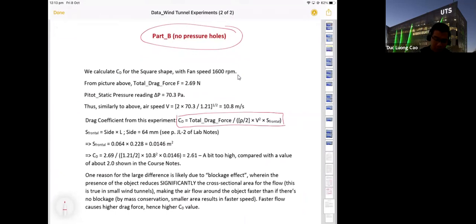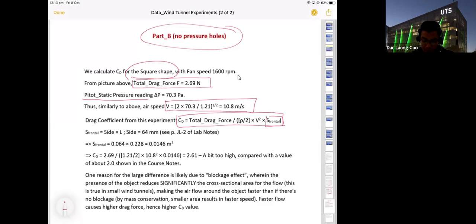This one is for square shape. With velocity as the speed, you find it from pitot-static pressure. Density from air properties. Drag force from the picture. And S frontal.